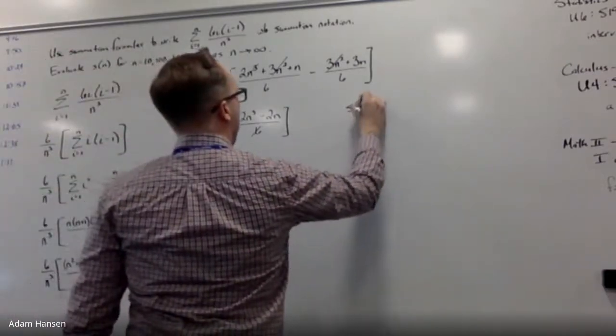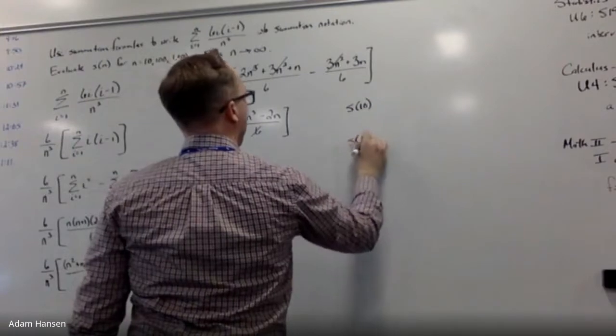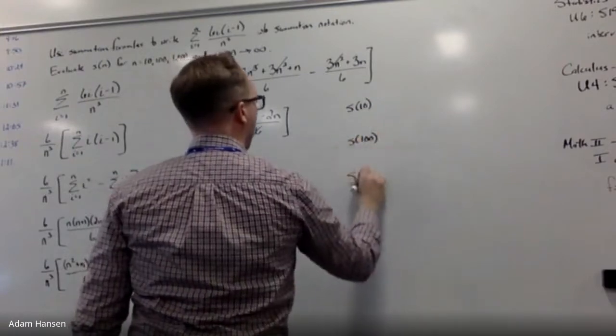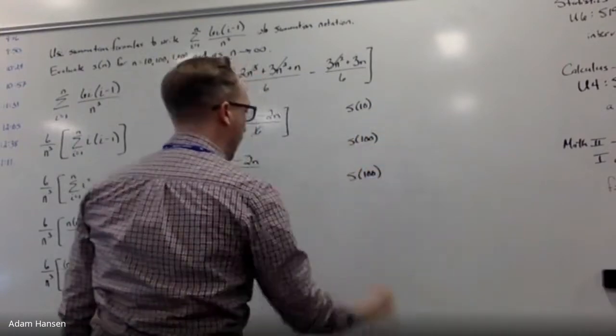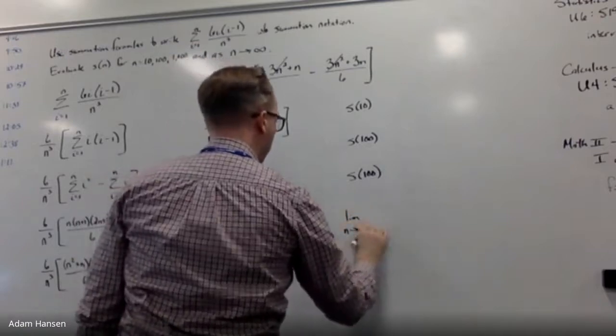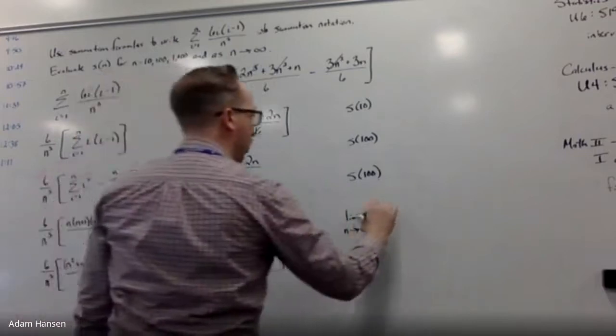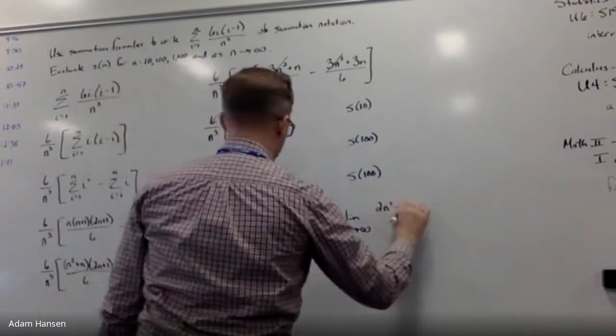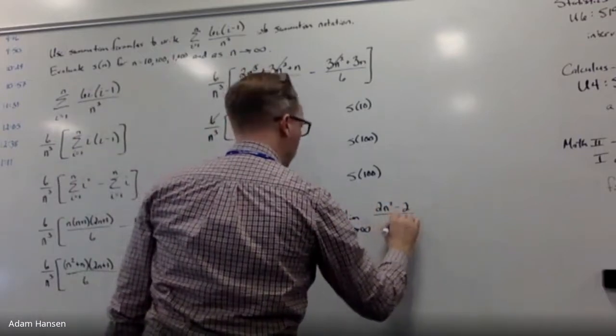S of 10, S of 100, S of 1,000, and then the limit as n approaches infinity of our summation formula, (2n squared minus 2) over n squared.